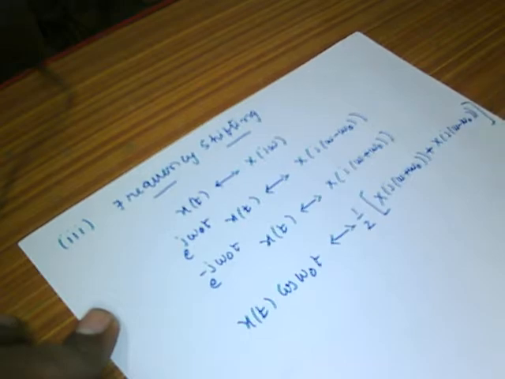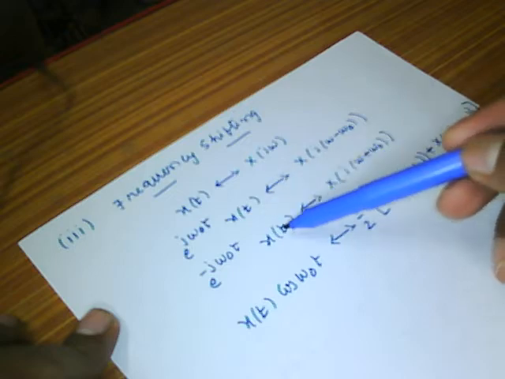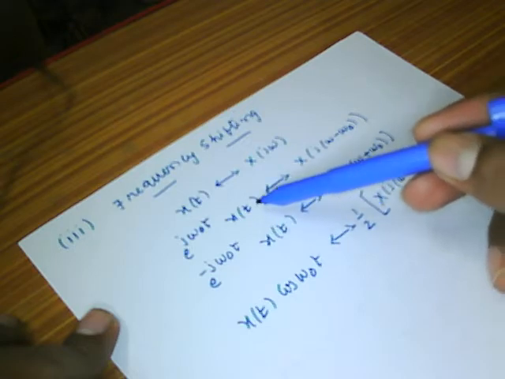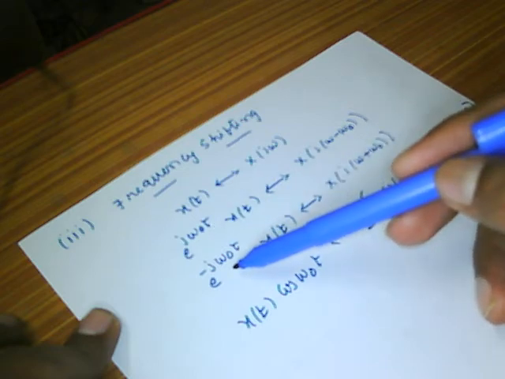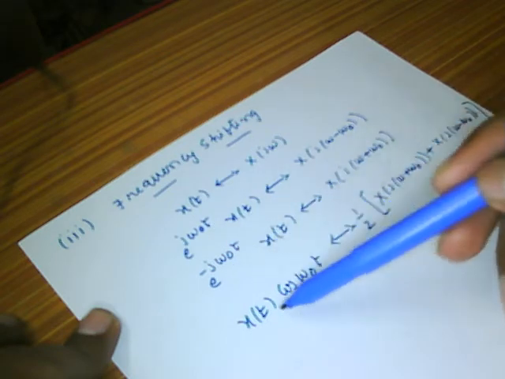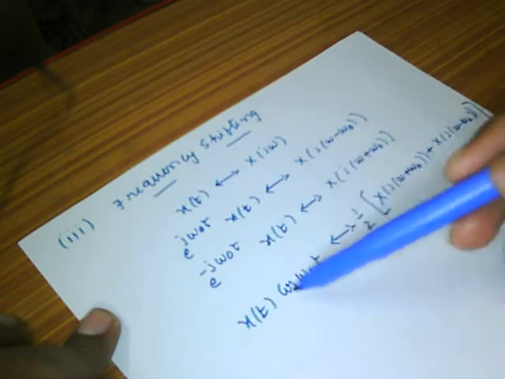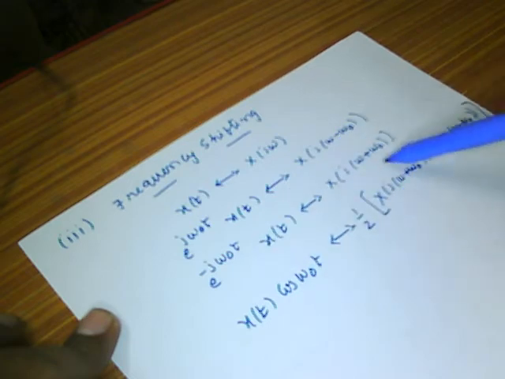So how do we get that? If you add these two, we can apply the linearity property. So x of t is common. So e power j omega naught t plus e power minus j omega naught t is 2 cos omega naught t. So that two I have sent to this side. So obviously these two values will get added up. So that is the corresponding Fourier transform.